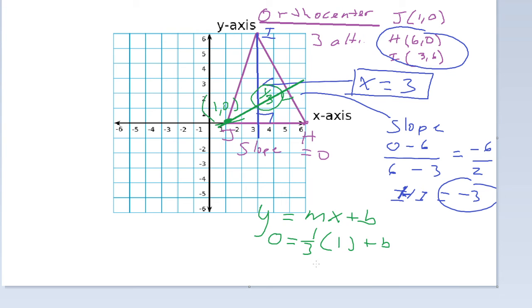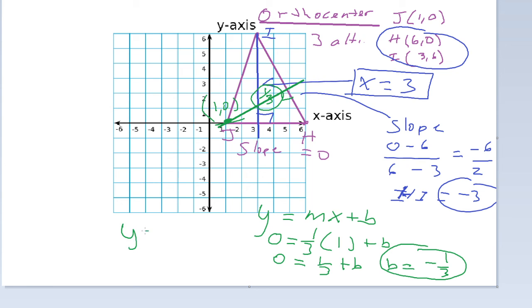If I multiply those two, I get 1/3 plus b equals 0. Well, if I solve for b, I end up with b equals negative 1/3. So I have the slope and I have the y-intercept.